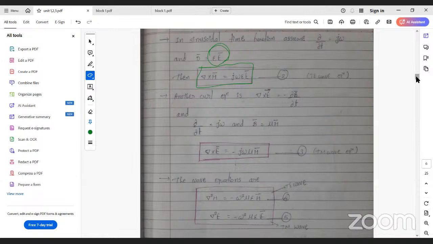Equation 2 is the transverse magnetic or transverse electric field equation. There is no electric component.